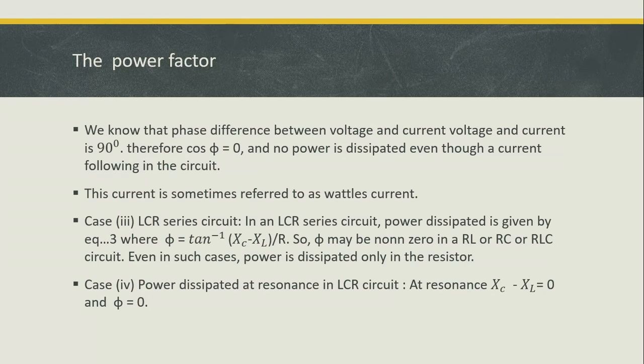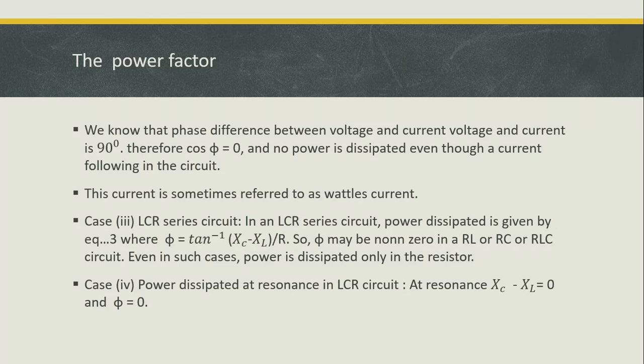Only in resistors. And the last one is the power dissipated at resonance in an LCR circuit. In the LCR circuit, at resonance, XC minus XL is equal to 0, and phi is also equal to 0. So what do you mean by that?